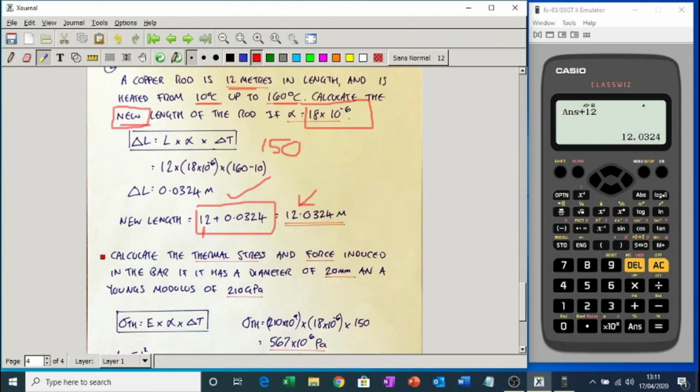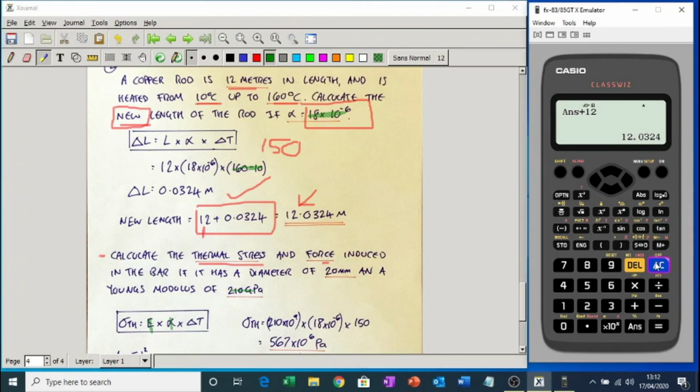And then part 2, calculate the thermal stress and the force induced in this copper bar, if the bar has a diameter of 20 mil and a Young's modulus of 210 giga. So again, there's the formula for thermal stress: Young's modulus, which we know is here, coefficient of expansion, which is going to be the same as that, and change in temperature, which is going to be 150 again.